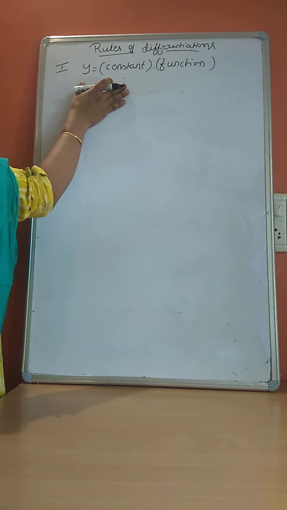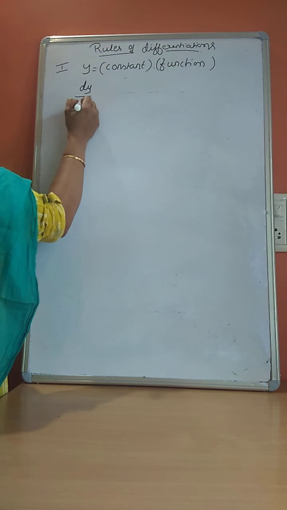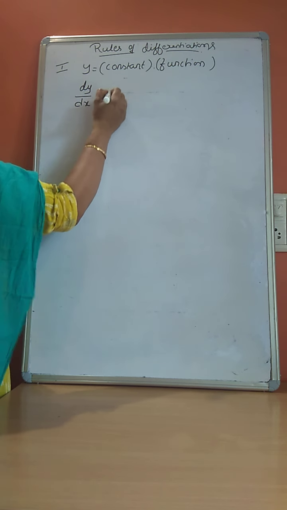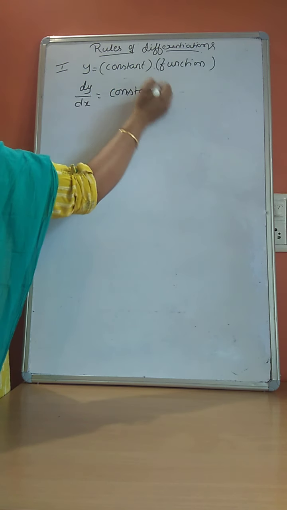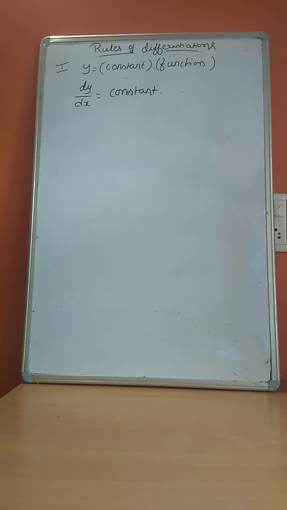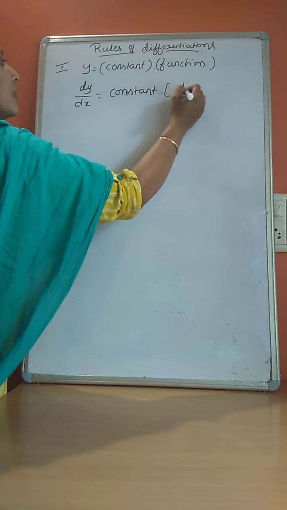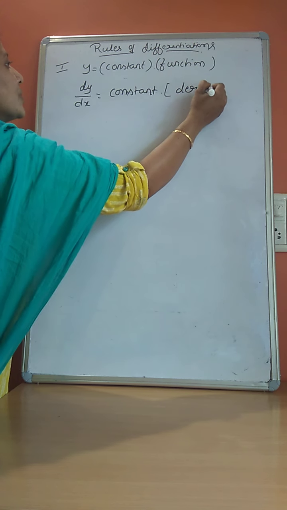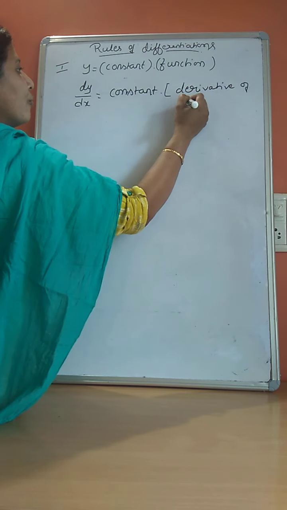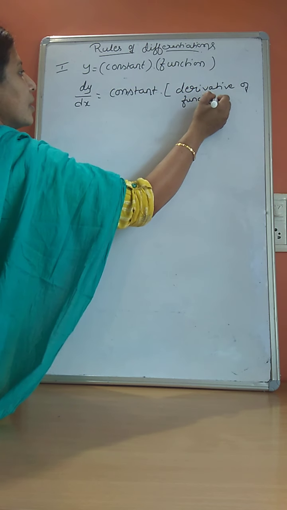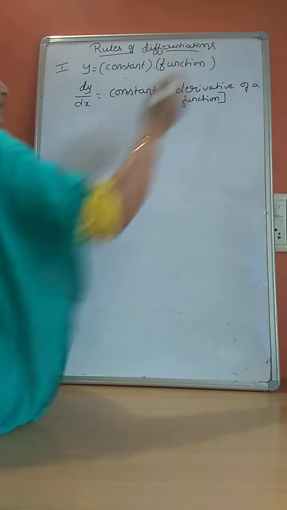How to differentiate this one? dy by dx is equal to constant into derivative of function.